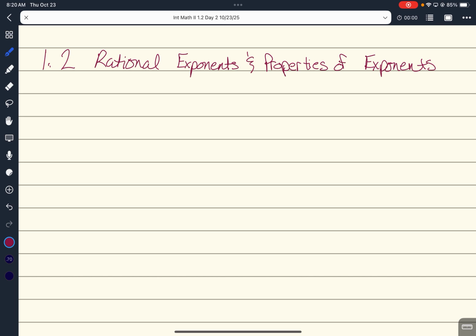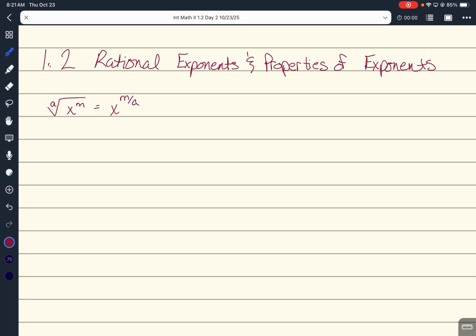Okay, so just in review, what variable did I use the other day? A. So the nth root of x to the m is x to the power over the root, right?